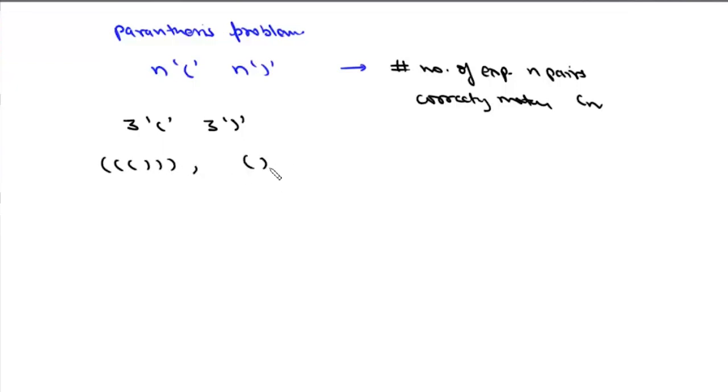Now the next one could be, or it can be, or, and finally. So there are these 5 cases in which left and right parenthesis are correctly matched, and this is given by C3, and C3 is 5.